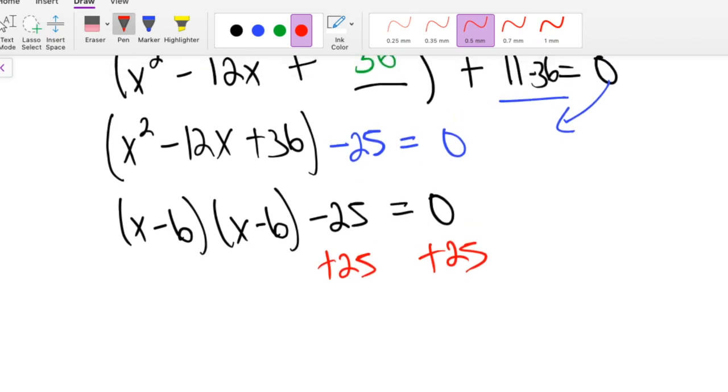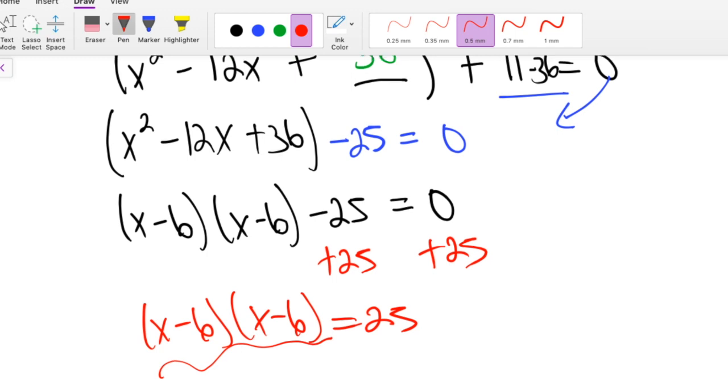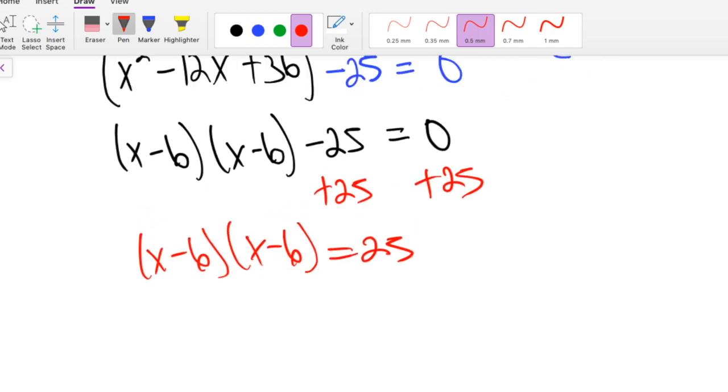So now we have x minus 6 equals 25. All right, so what is another way of writing x minus 6 and x minus 6? In fact, it's a little bit of a fancier way, but it'll actually make this problem a bit easier for us to solve.